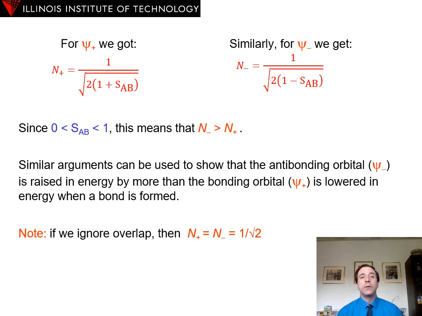Well, 1 over the square root of 2, that's how we do a normalization for two wave functions. We're putting two wave functions together, and they're equally weighted, then that's the normalization constant that we use. So we can see that we get to our standard way of doing things if the overlap integral goes to 0.